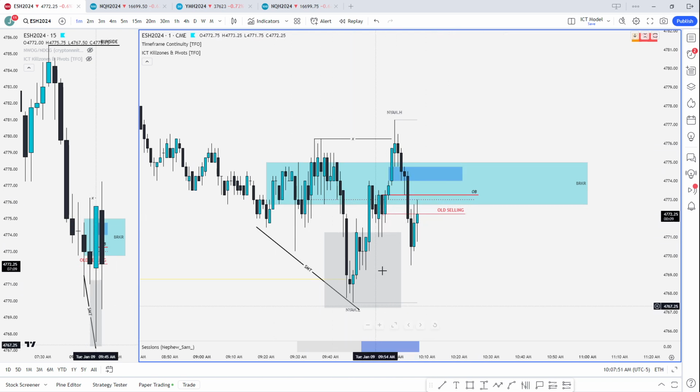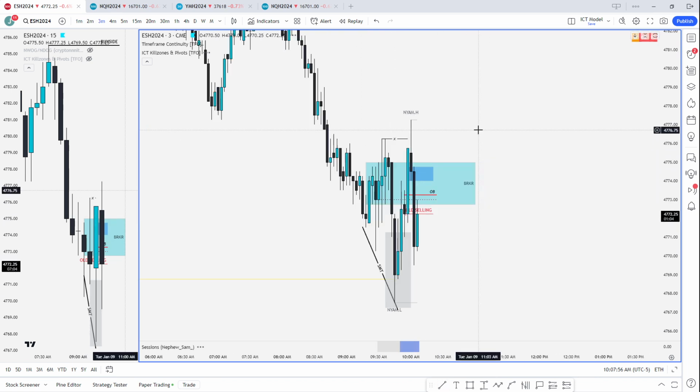So if you look at inversion the same way, where that's old buying, once we close above, you don't want to see a candle body that closes back inside that range, right?